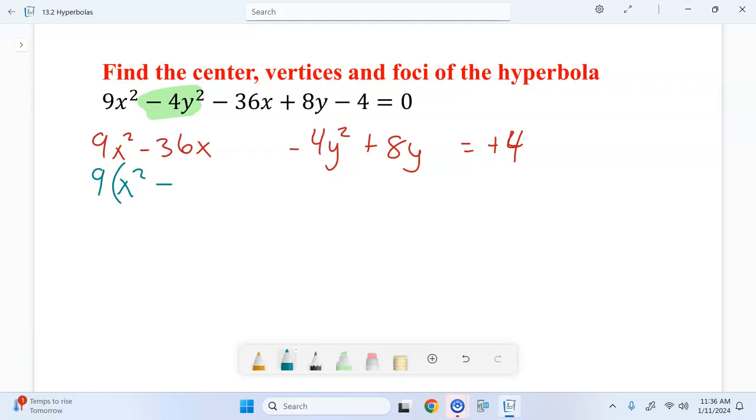Nope, just the 9. I still need x squared. I just don't want that leading coefficient. So I have x squared what? 4x. Then we can put our box. We'll factor out negative 4. Gives us y squared what? Minus 2.